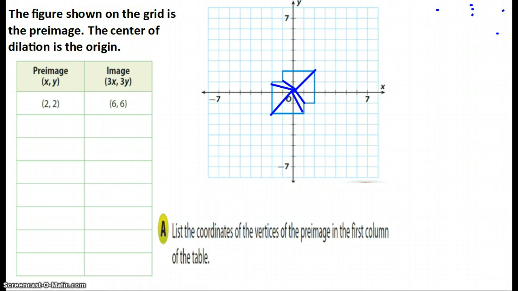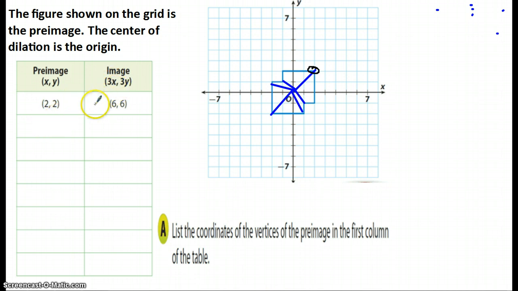Now, the author says in this particular problem that the figure shown on the grid is the pre-image, and he tells us that we have our x and y coordinates, that's 2 and 2. So if we went over 1, 2 and up 2, he's talking about this coordinate right here, and he said that's 2 and 2, and he says your k is 3.